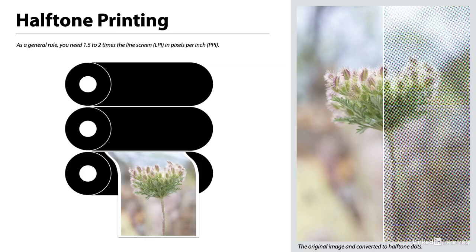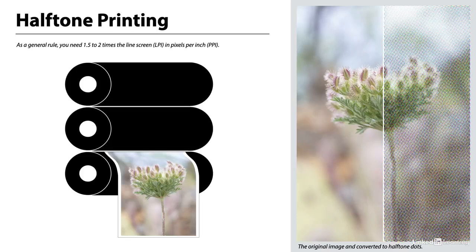So in Photoshop, in addition to knowing the width and height of your document that you're going to want to print, you'll also need to know what resolution, or how many pixels per inch or pixels per centimeter, you need to print the quality of image that you want. And that depends on the line screen that you're going to be printing to. So on press, the line screen is heavily dependent on the quality of the ink and the paper that you're printing on.